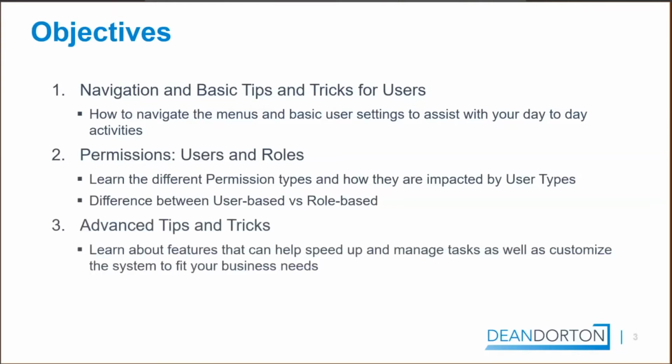And then we'll get into some more advanced, but what we still consider basic features in Sage Intacct. These are ways that you can customize your system and better fit the software to your business needs. And hopefully we'll have some time at the end for some questions.